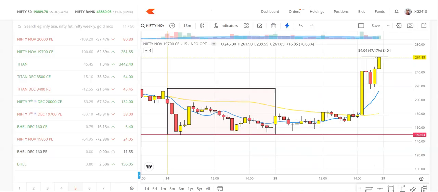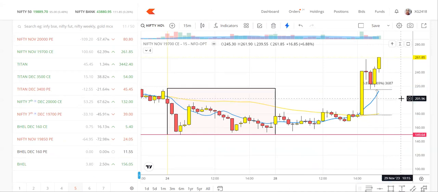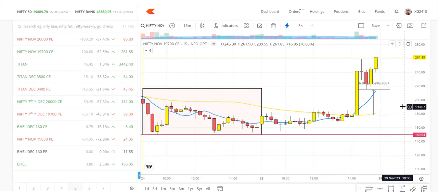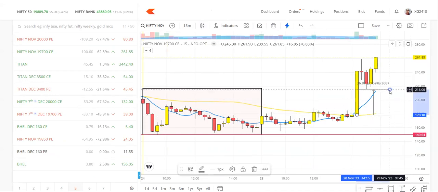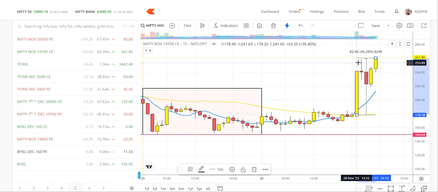It made a high of 83 points and it started correction to the level of 41 points. 41 points correction. That was a real correction. Actually, for the 40 points, 44 points of correction, it was an exponential move. That's why the option premium corrected more.